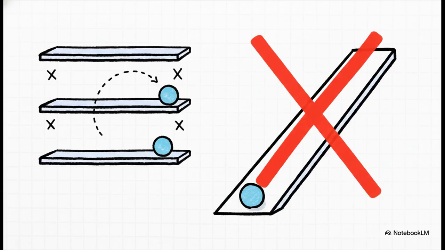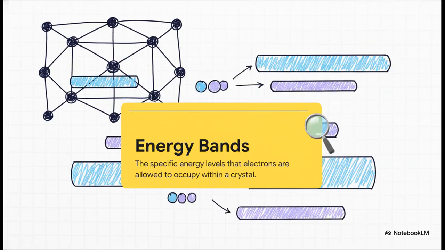You can think of them like designated parking spots for energy. An electron can be in spot A or it can be in spot B, but it can never, ever be in between. Now, when you get billions upon billions of atoms all packed together in that lattice, those individual parking spots for energy kind of blur together. They form these wide bands of allowed energy. And trust me, understanding these bands is the key to everything.